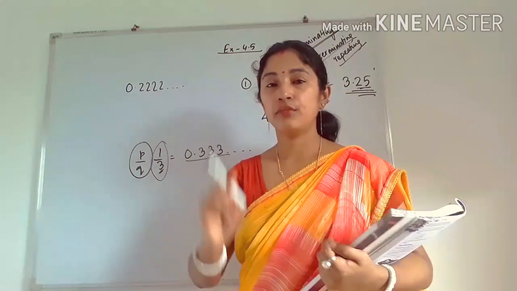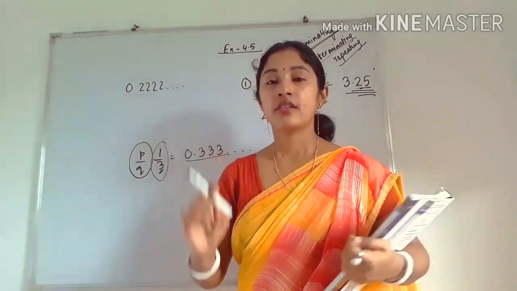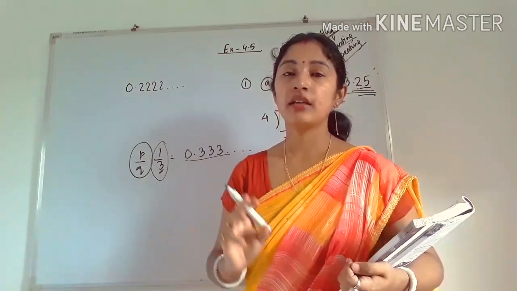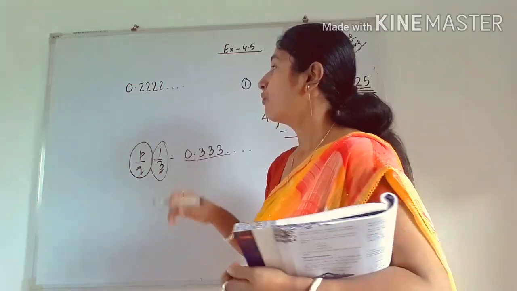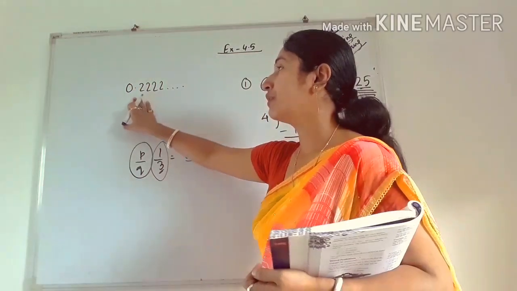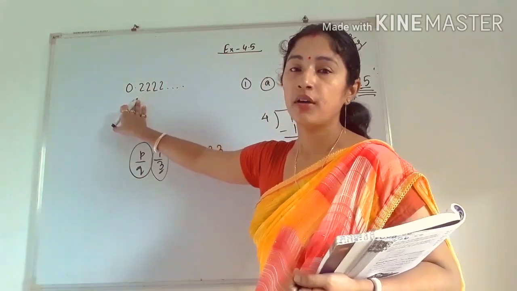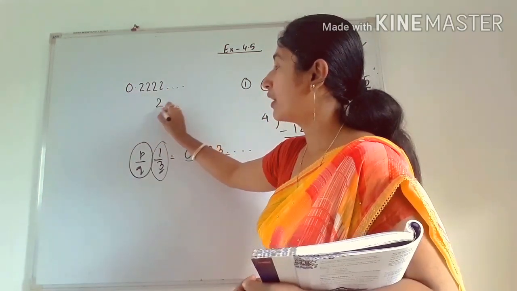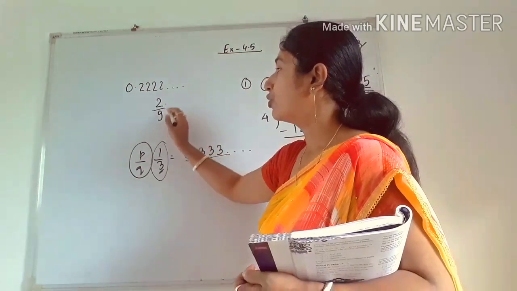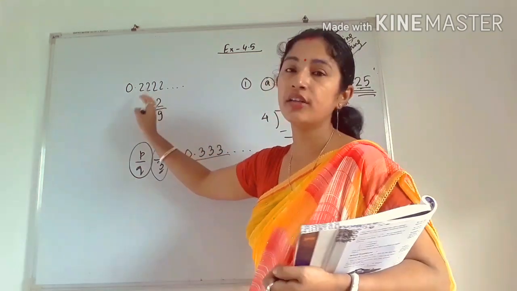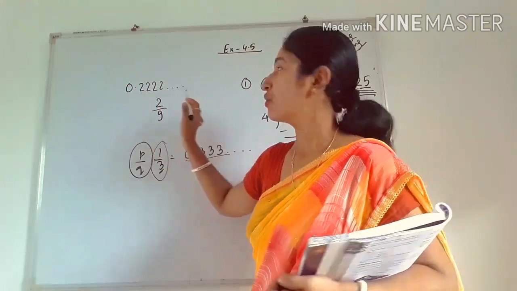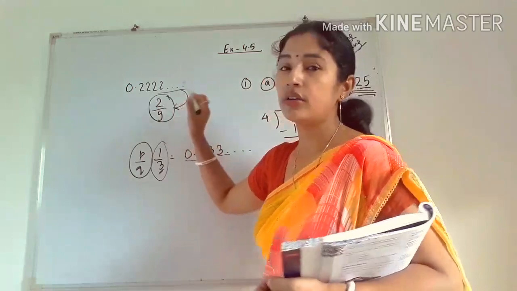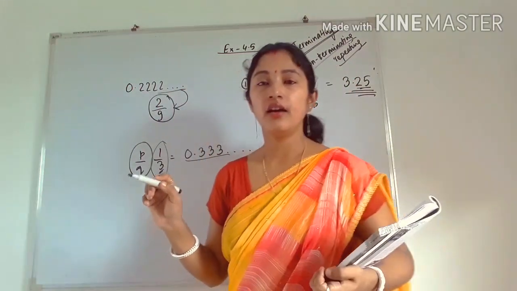In class 7 or 8 you will not get any method on this, but in class 9 you have one method to convert this number into p by q form. Right now I can write it as 2 by 9. If you divide 2 by 9, you will get 0.2222. So this number can be represented in p by q form like this. Therefore we can say this is a rational number.